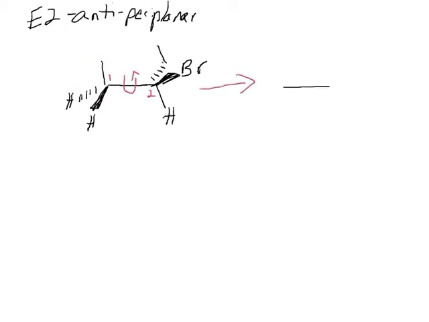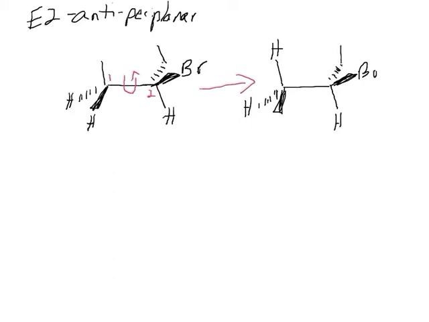So literally draw it the same, put an H here, wedge, and a hatch. One H is going to go up, the other H is going to go back, and the methyl is going to come forward. And I could have done it the other way, absolutely. And this carbon 2, as I have it labeled, didn't change at all.